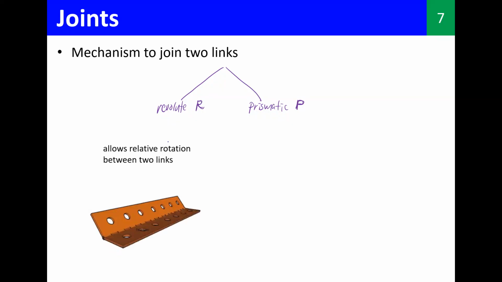A revolute joint is basically a mechanism that allows the two links connected to have relative rotation, right? You can see in this hinge, so this is a hinge, right? Here we have that particular revolute joint, and this is link 1 and this is link 2. And link 2 can have a relative rotation or orientation with respect to the previous link. So that is what is accomplished by a revolute joint.